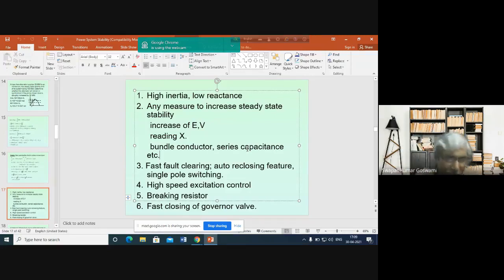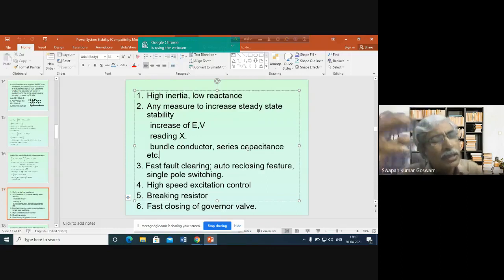It will be magnified, and torque will be produced corresponding to this harmonic. As a result, there will be oscillation of the generator rotor. Not only the generator rotor, you have to consider the generator rotor, which is again coupled to the exciter. The exciter rotor may also be coupled with the generator shaft.